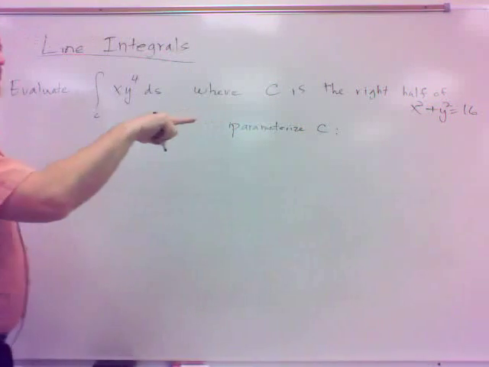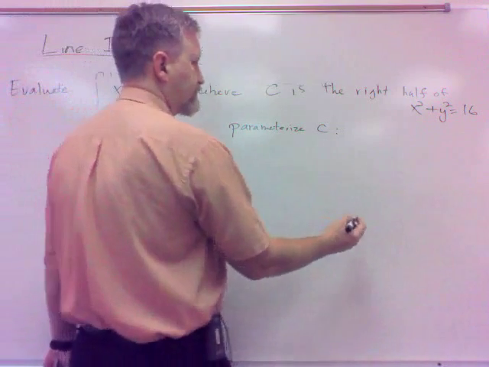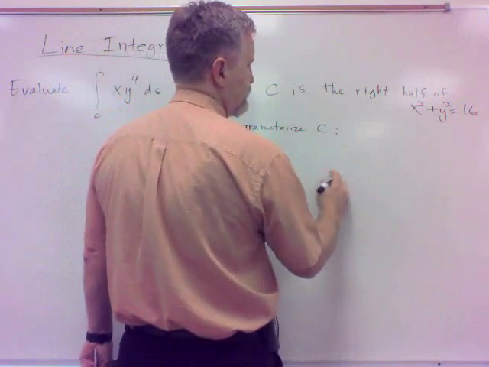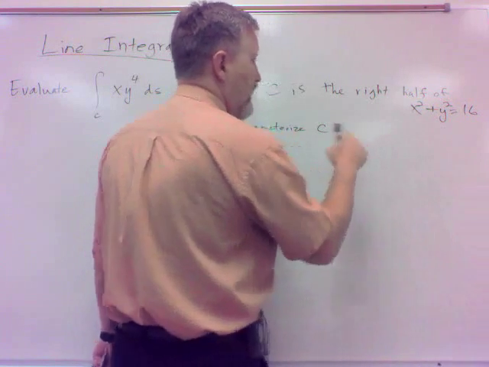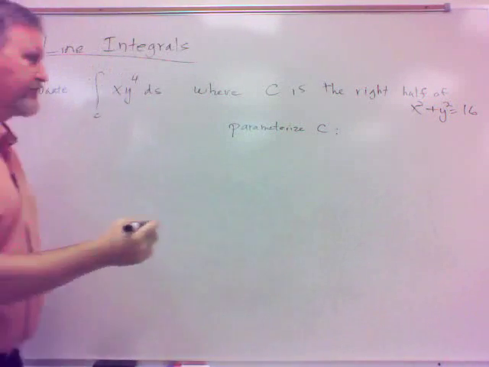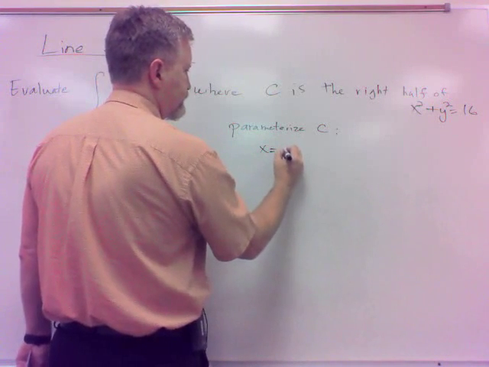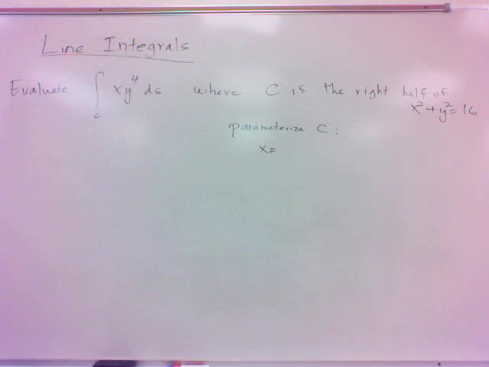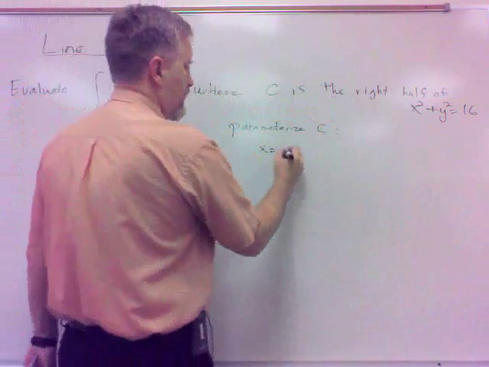All right, so here what we've got is the right half of a circle, and the way we parameterize a circle, if you recall, cosine squared t plus sine squared t equals 1 is the unit circle, right? This one is radius 4.